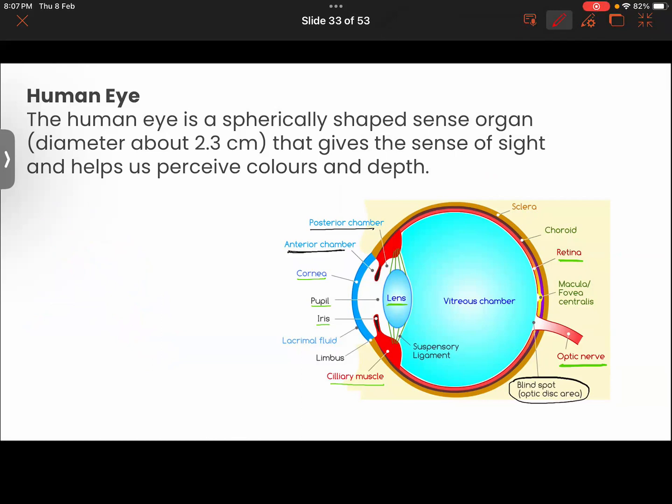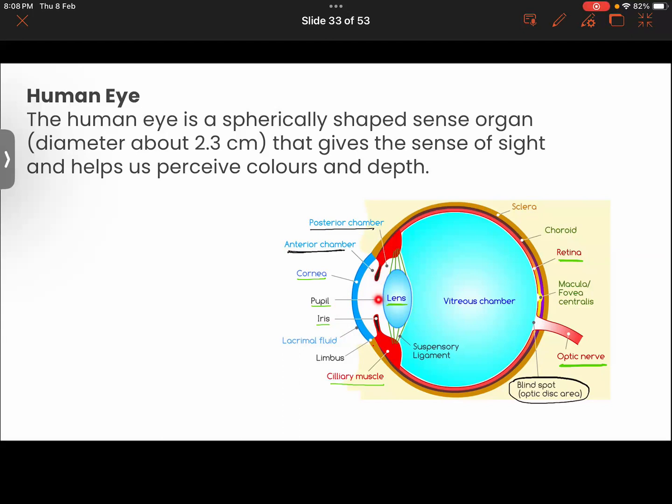And just behind the cornea you have the iris, as you can see here. This is the iris. The iris is the colored part of the eye. And in between the iris there is this opening that is called the pupil.